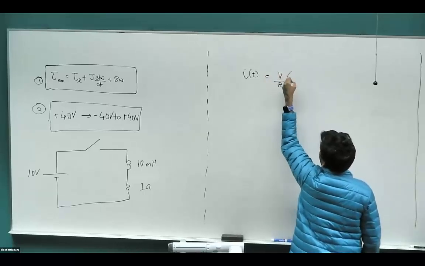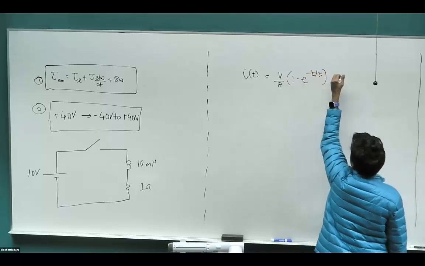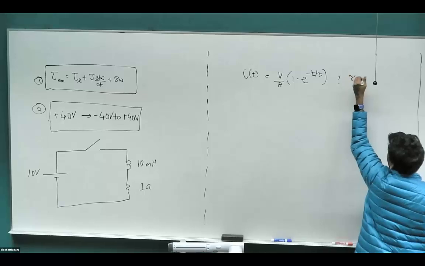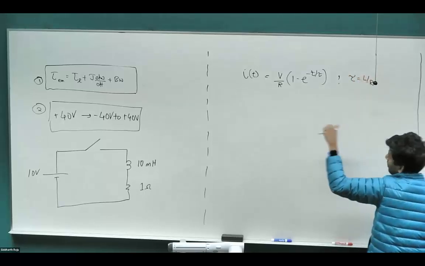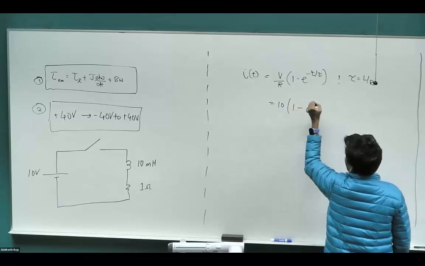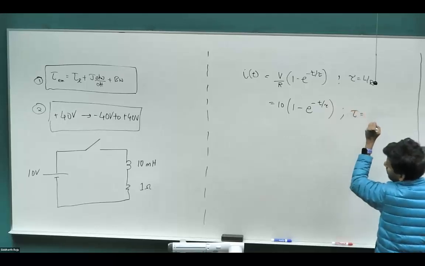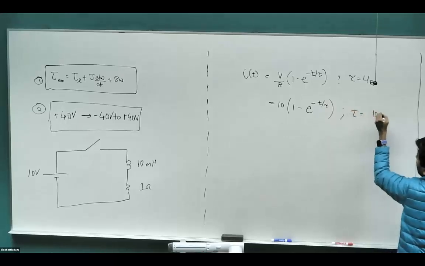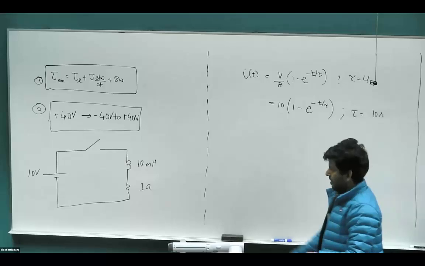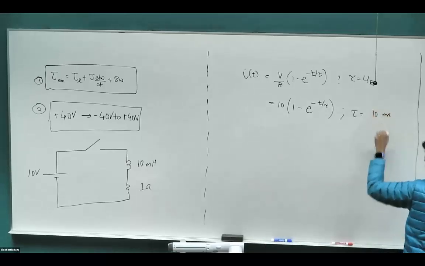So the response is going to be V by R times 1 minus e to the power minus t by tau, where tau is the time constant given by L by R. Right, so we substitute those values in this case, it comes out to 10 times 1 minus e to the power minus t divided by tau, and tau itself is going to be 10 milliseconds.